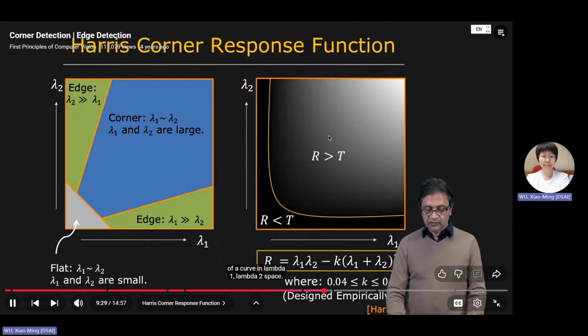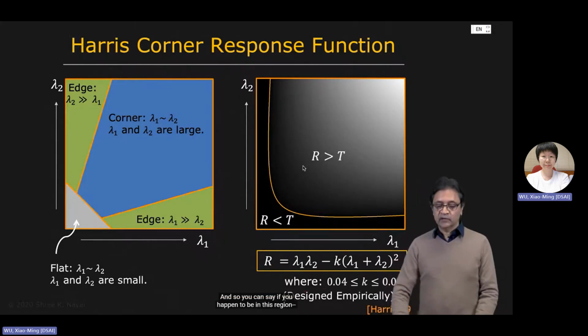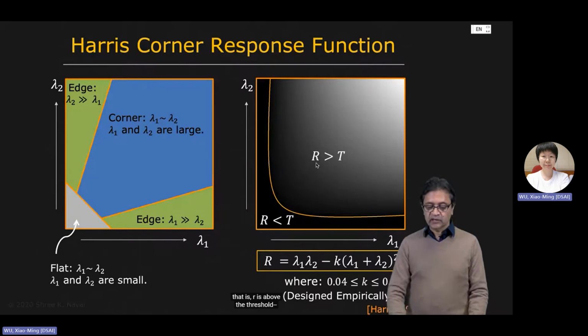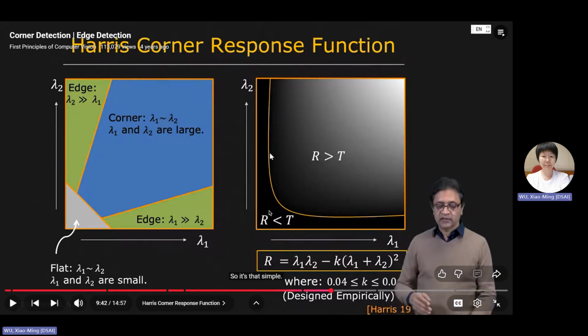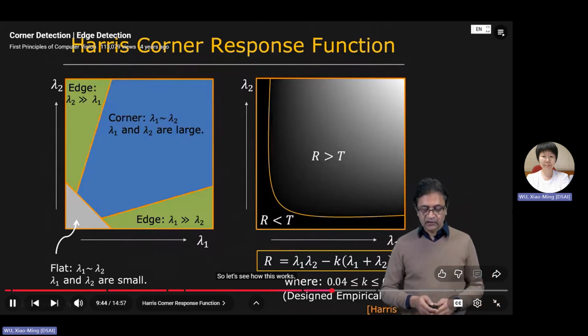In lambda 1, lambda 2 space, if you happen to be in this region, where R is above the threshold, you're likely a corner. If you're below the threshold, then you're not a corner. This line represents the points whose corner response equals the threshold T. Okay. That's simple.